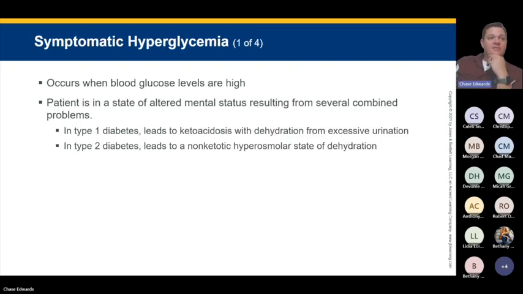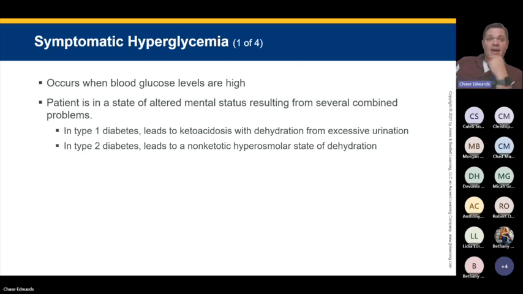All right, symptomatic hyperglycemia. This is going to occur when blood glucose levels are very high. The patient's in a state of altered mental status, AMS, which results from several combined problems. In type 1 diabetes, it leads to ketoacidosis, or DKA, with dehydration from excessive urination, so polyuria.